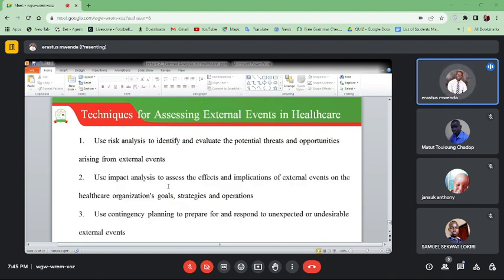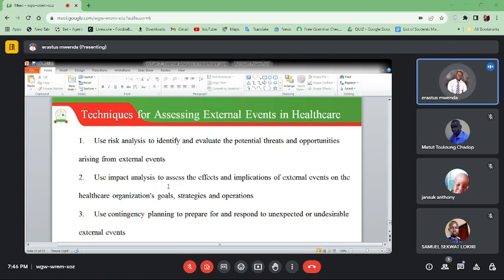And also we could have threats from competition and threats from various pandemics. And finally, we are going to have a number of techniques that we will be using to assess external events. We could use, for example, number one, risk analysis, which is going to assist us to identify and evaluate potential threats. We could also use impact analysis to help us understand the effects and implications of external events that might occur, and that might affect us in one way or another.